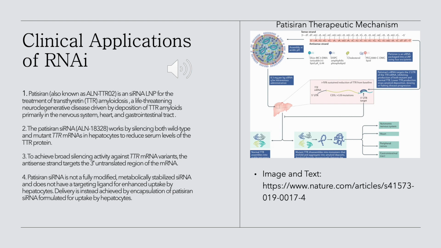Now, it's important to note that patisiran siRNA is not a fully modified, metabolically stable siRNA and does not have a targeting ligand for enhanced uptake by hepatocytes. Instead, patisiran is formulated for uptake by hepatocytes.